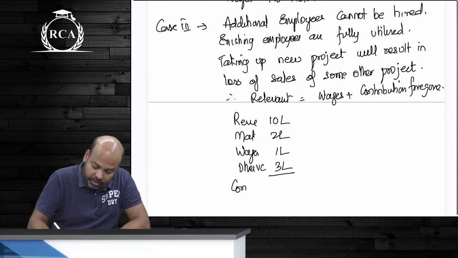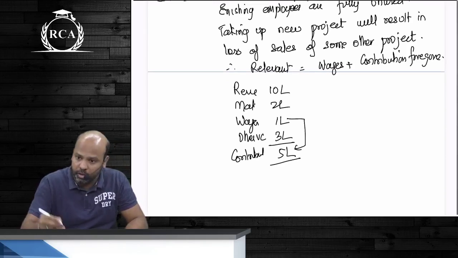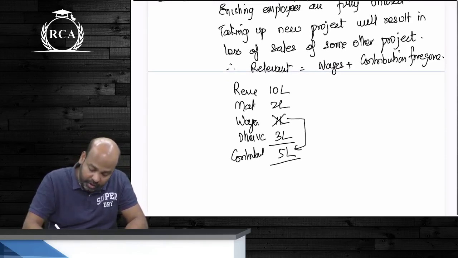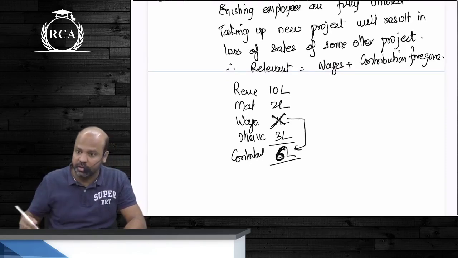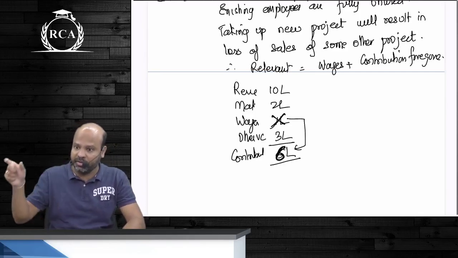What's the contribution? 5 lakhs. So either you write 1 lakh plus 5 lakhs, or if you tell me 1 lakh is not relevant, it is not relevant for the other project also. Compute the contribution of the other project without wages. 6 lakhs. It is still wages plus contribution.